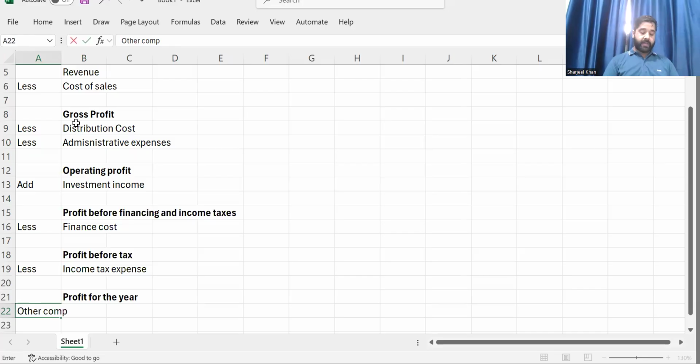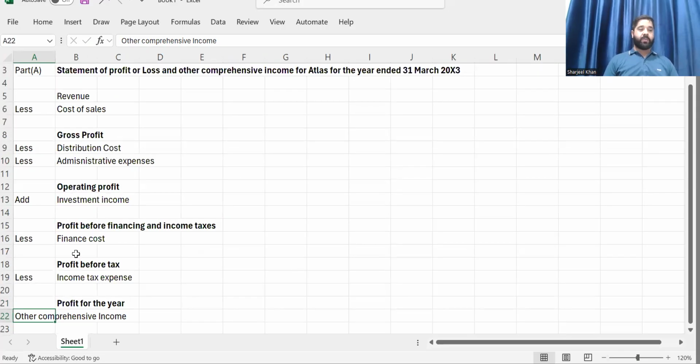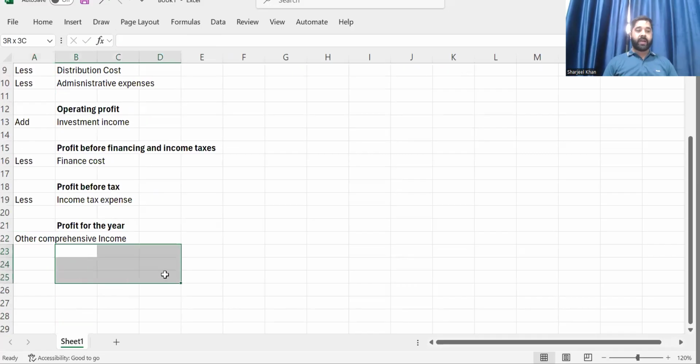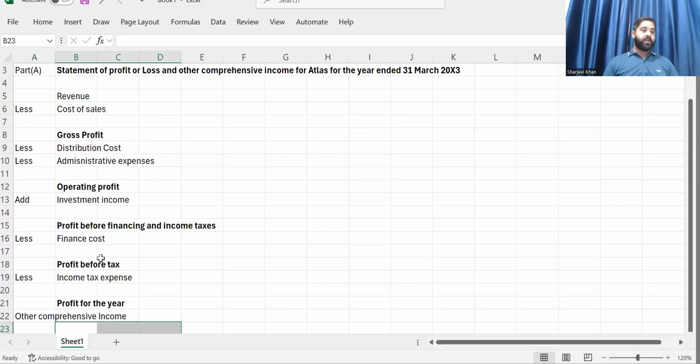Then other comprehensive income, and I will make the adjustment in other comprehensive income according to the relevant notes, right? So this is the structure for statement of profit or loss. I will leave some space for other comprehensive income. So this was all about the structure for statement of profit or loss and other comprehensive income, right?